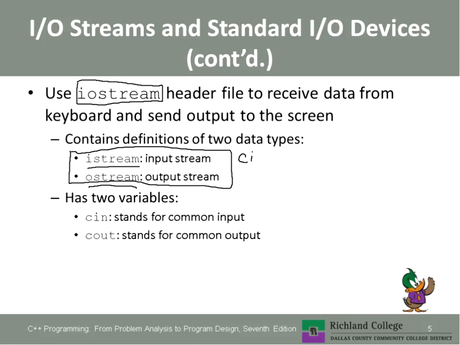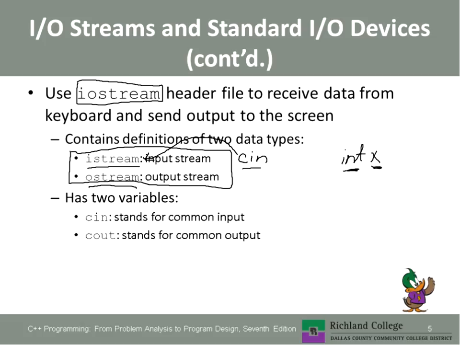So when you're talking about istream, cin is a variable of istream data type. Think about it like when you say integer X, right? X is an integer data type. Here, remember cin is a predefined variable. So cin is an istream data type.